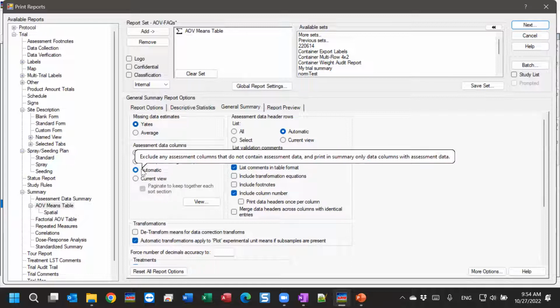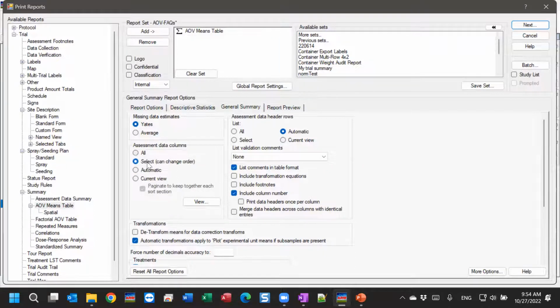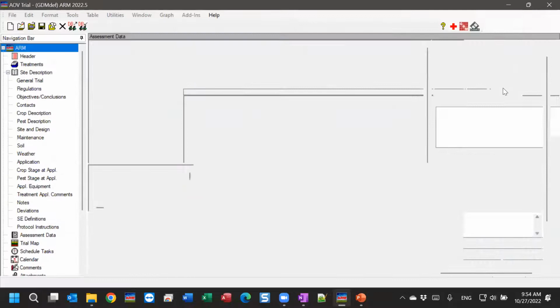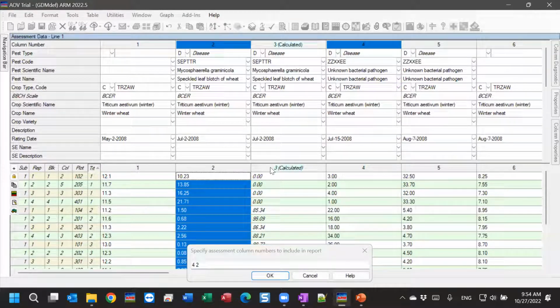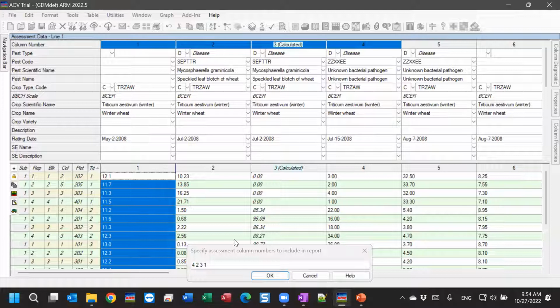If you have it set to automatic, which is by default, it's going to bring all of the columns that have data. But if you turn on select, then when we press next to generate the report, ARM will ask us which columns do you want? And so you can change the order. The order that you choose them will be the order on the report.